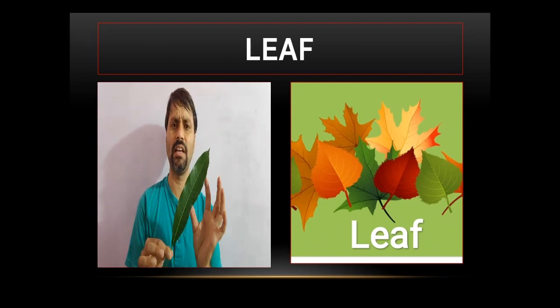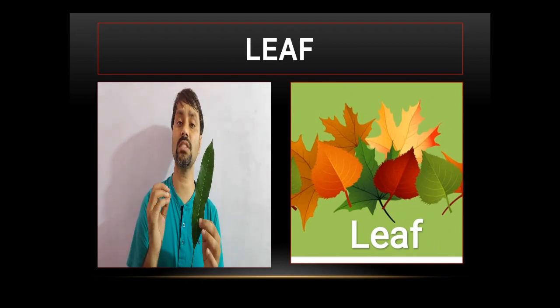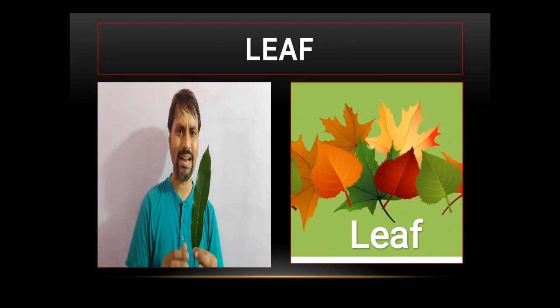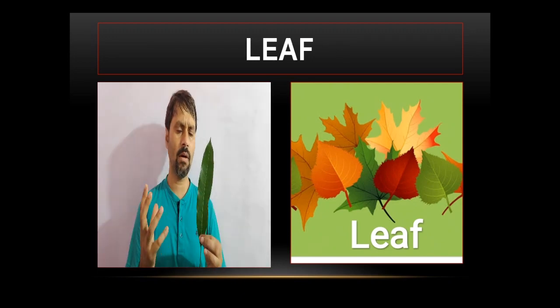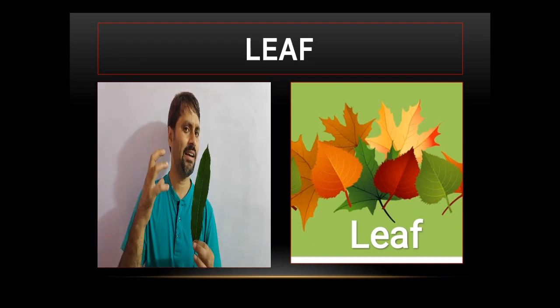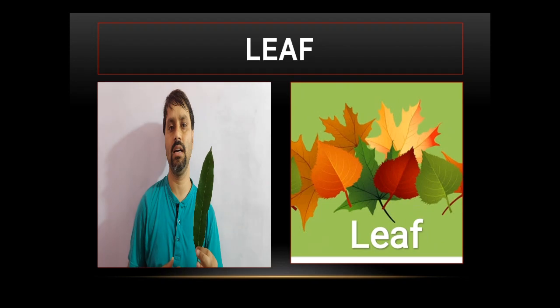This is the most peculiar organ, and the most important vegetative organ. Why? Whenever someone says the word leaf, a picture comes to mind, usually a green part of the leaf.